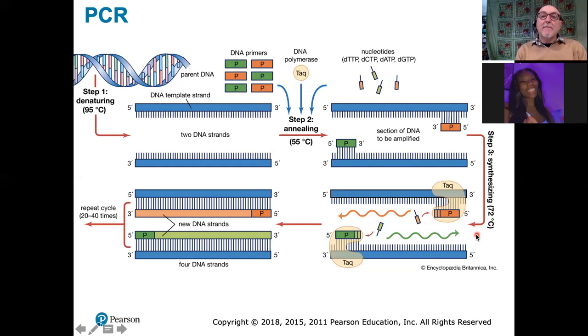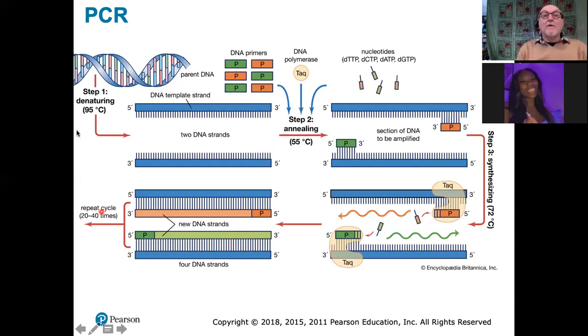So at the end of that step, we've gone to 95 degrees, 55 degrees, then raised it again to 72 degrees, and we have doubled up our DNA. We now have 2 DNA molecules where we had 1 before. Okay, that's great. Now what do we do? We do this again.